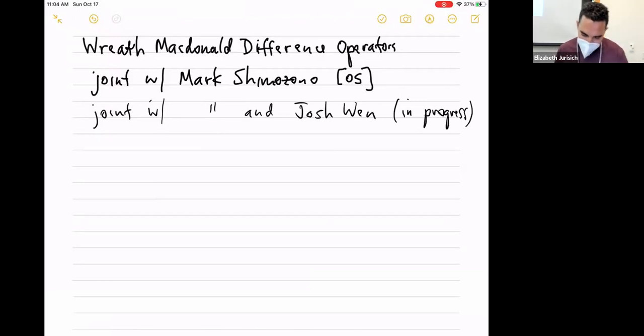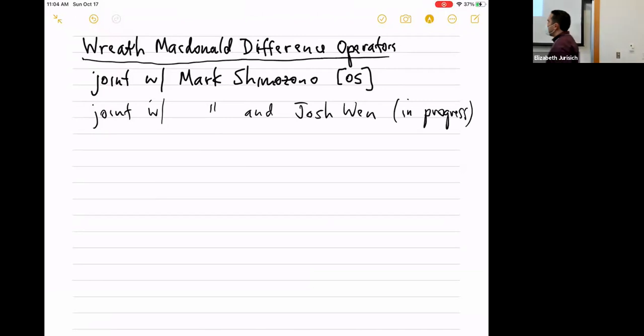Okay, so what we're trying to do is give an explicit construction of these things called Wreath Macdonald polynomials. So these really arise from geometry of Hilbert schemes. They're a generalization of type A Macdonald polynomials.